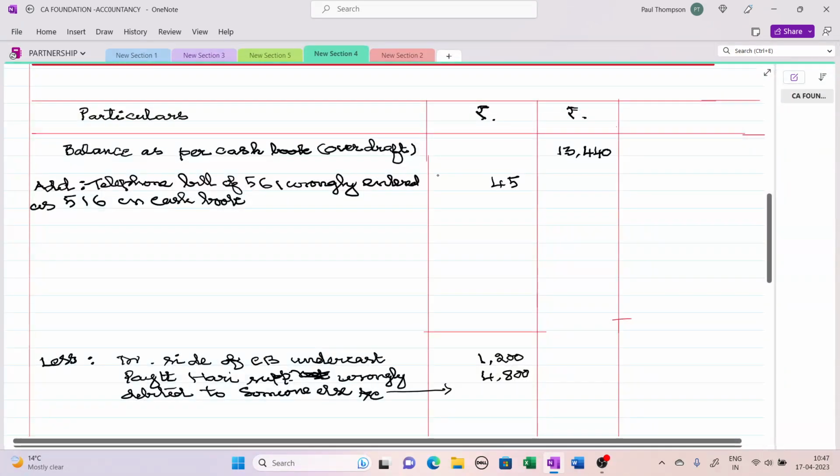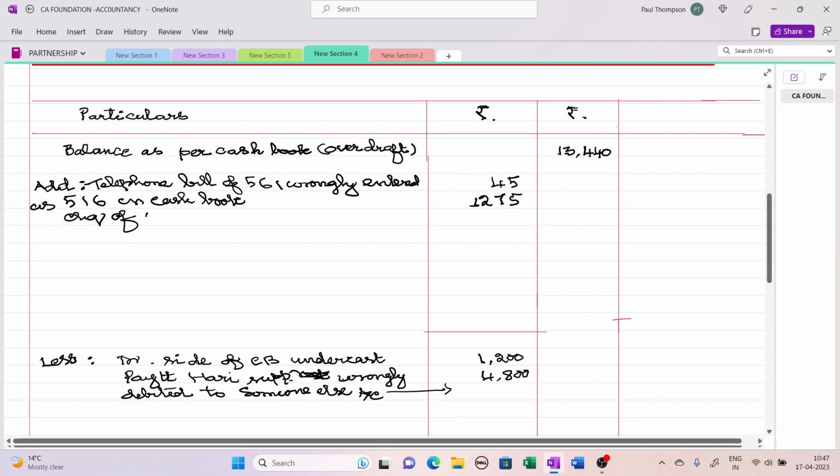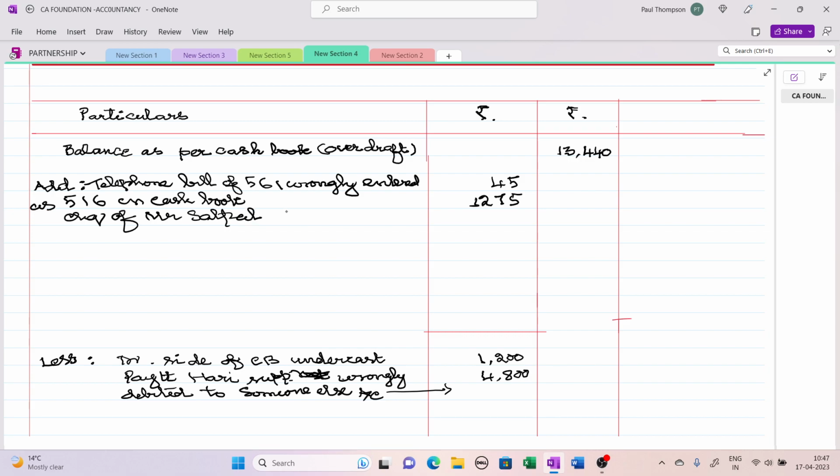So you have to add this 1275. Check of Mr. Satpal dishonored, not entered in cash book.